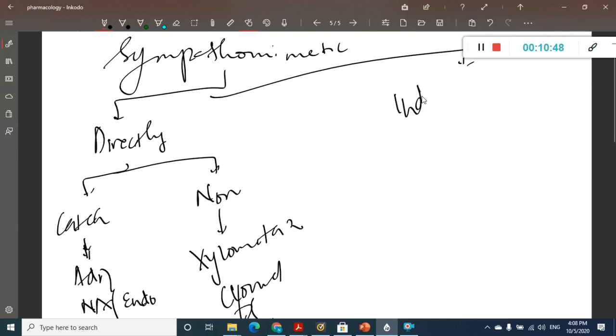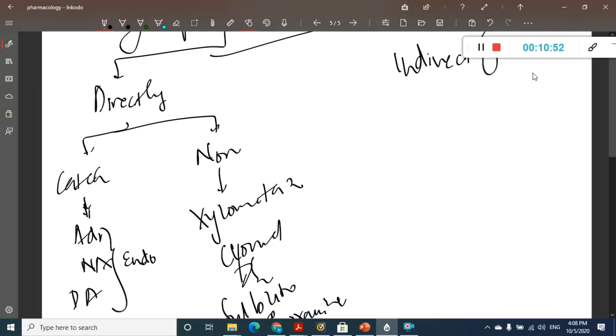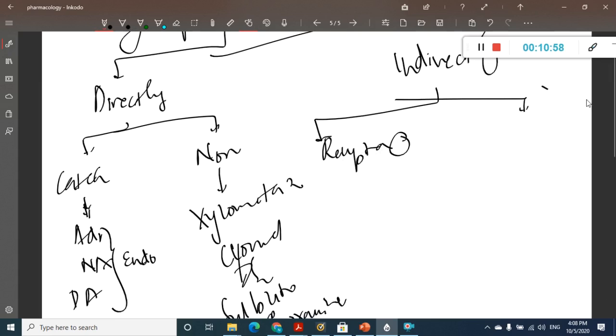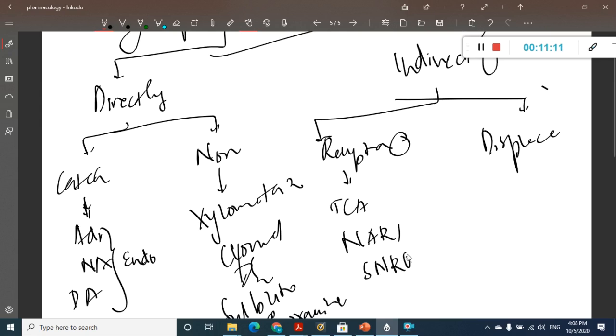We have indirectly acting sympathomimetics also. In the indirectly acting sympathomimetics, we have two different types. One, we have reuptake inhibitors, and we have those which act through displacement reactions. Reuptake inhibitors are tricyclic antidepressants, noradrenaline reuptake inhibitors, and serotonin noradrenaline reuptake inhibitors.